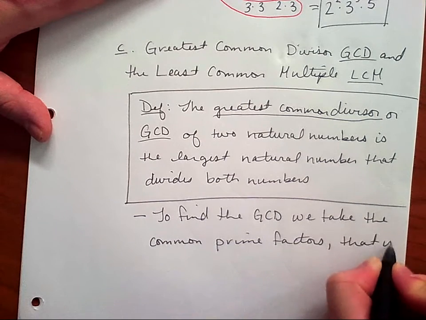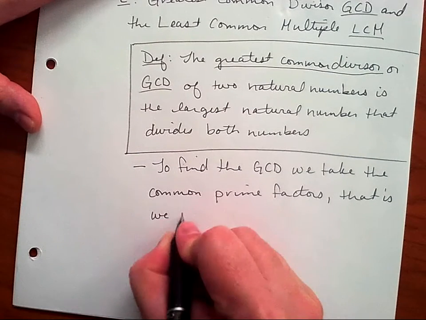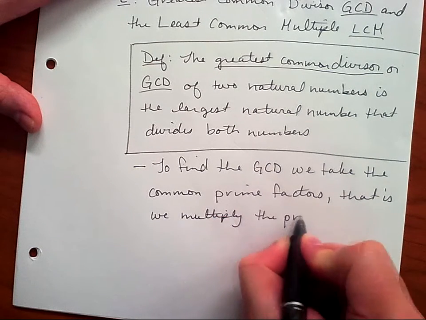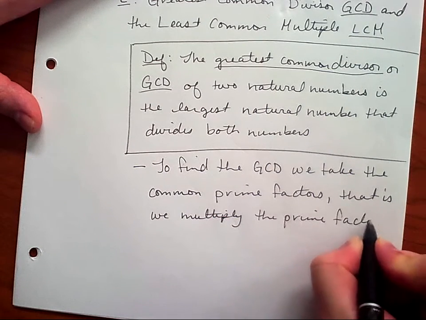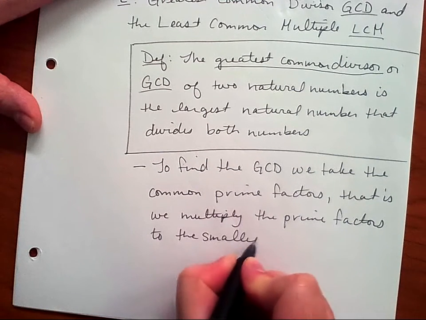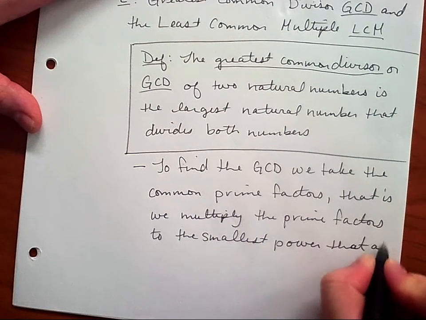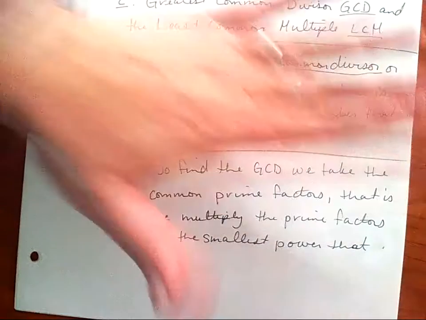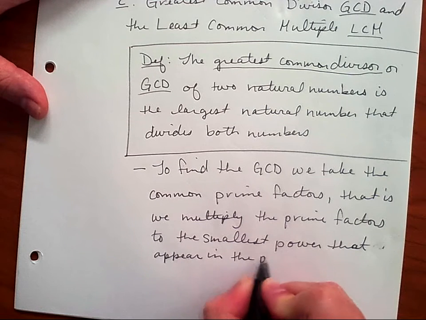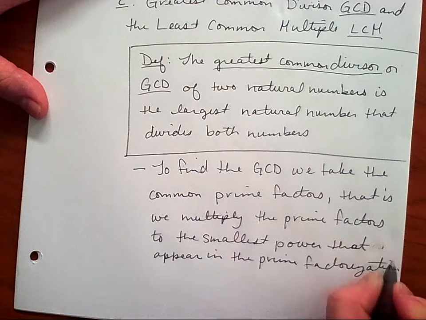That is, we multiply the prime factors to the smallest power that appears in the prime factorization of both numbers.